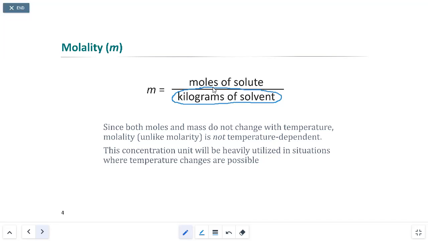Instead of moles of solute per liter of solution, we're now looking at moles of solute per kilogram of solvent. The advantage to this is it's still a mass-based calculation. If I'm making an aqueous solution, all I need to do is measure out my water on a balance before I make the solution.